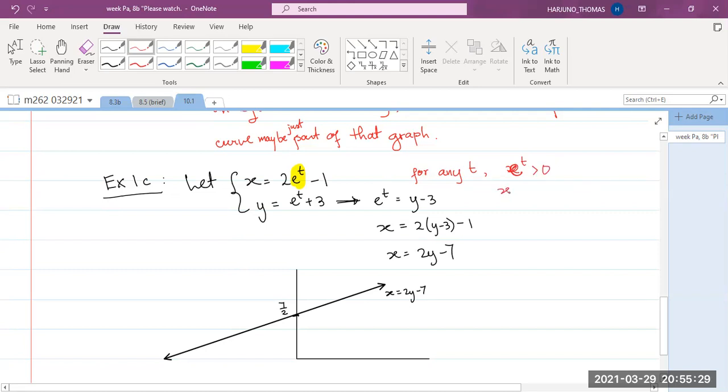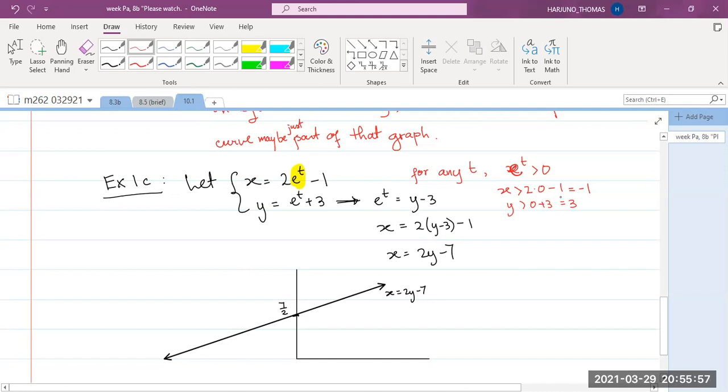So because of that, x must be greater than 2 times 0 minus 1, which is -1. x cannot be less than -1 using this parametric equation. Likewise, y has to be greater than 0 plus 3, at least 3.